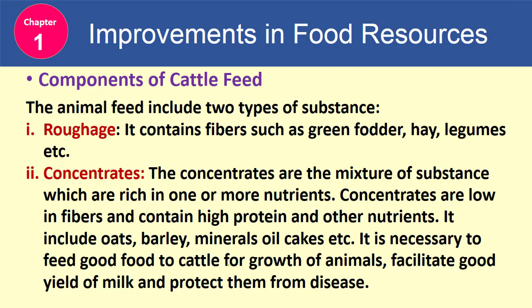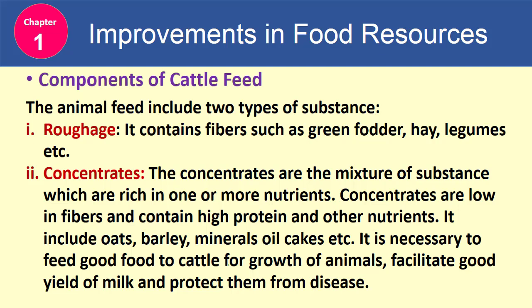Now we will read about components of cattle feed. The animal feed includes two types of substances. First is roughage. It contains fibers such as green fodder, hay, legumes, etc. Second is concentrates. The concentrates are a mixture of substances which are rich in one or more nutrients.